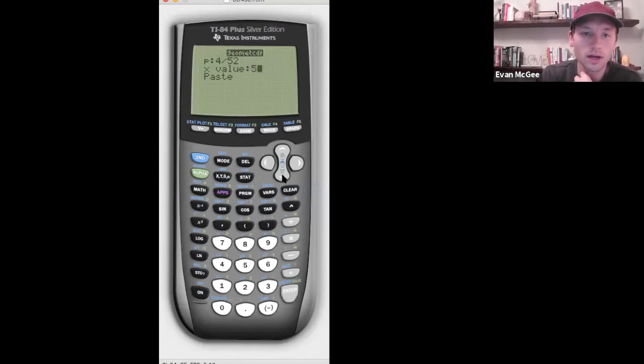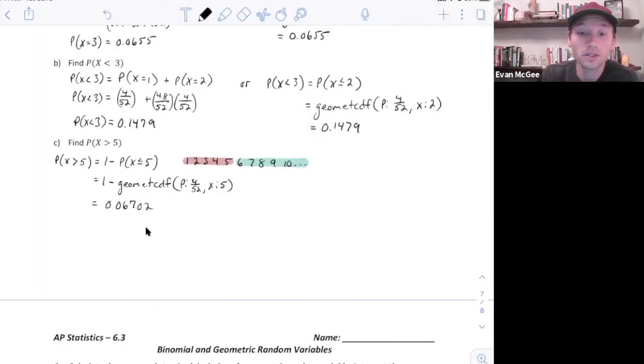I want it to be 5 is X. And let's just make sure it remembered the 1 minus. There we go, 1 minus, and then it's going to calculate 0.06702. The probability it takes more than 5 is 0.06702.